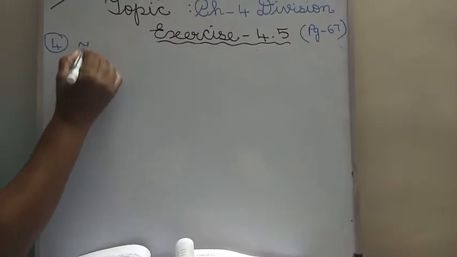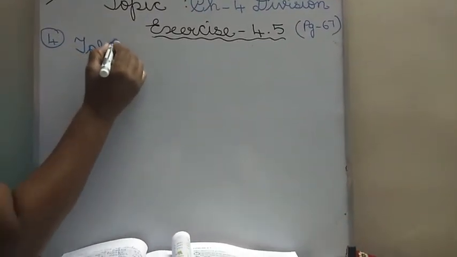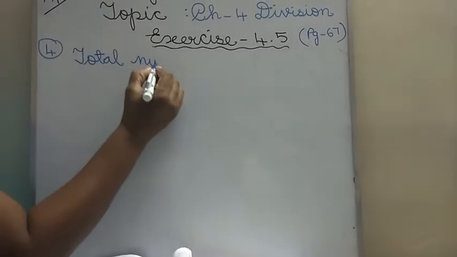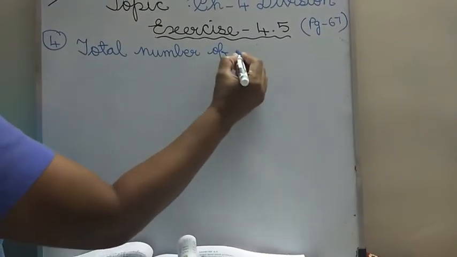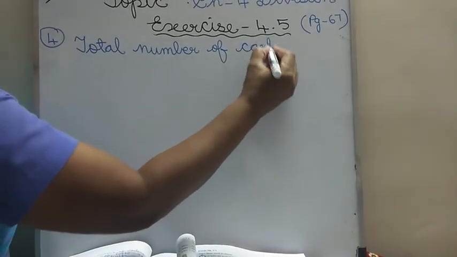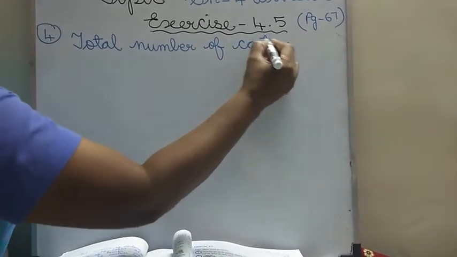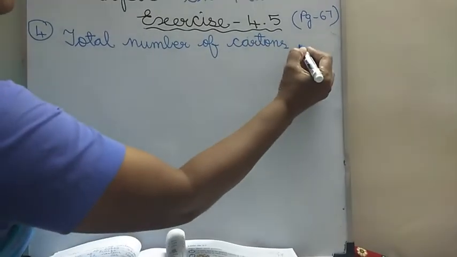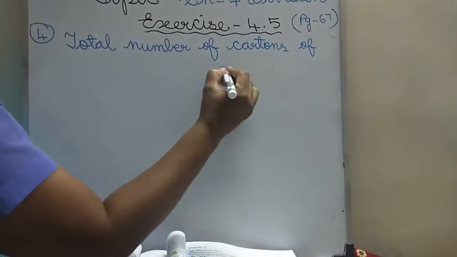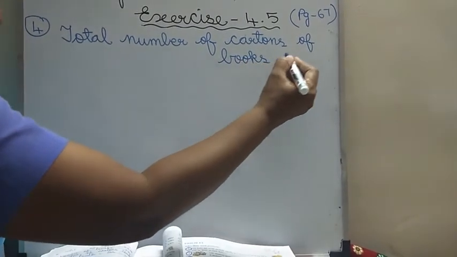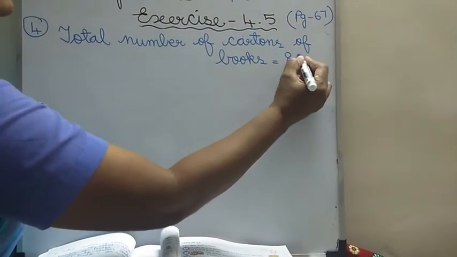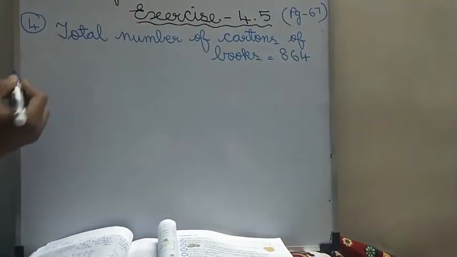Okay, children? So, total number of cartons of books were what? 864.